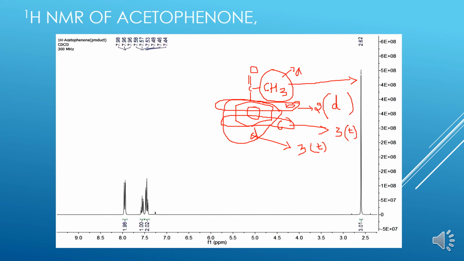In this molecule, oxygen is there in the carbonyl group, and its proximity to the aromatic ring as well as the carbonyl group de-shields the hydrogens on the adjacent carbons.